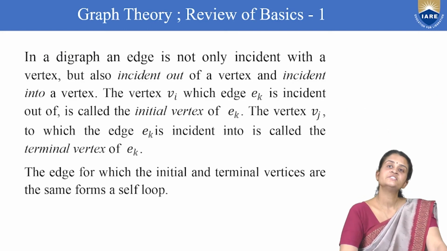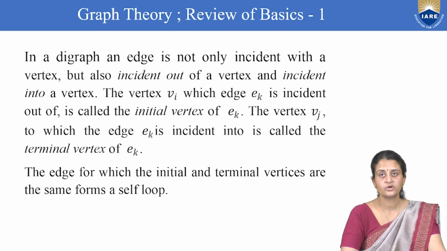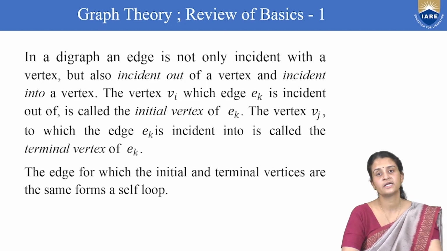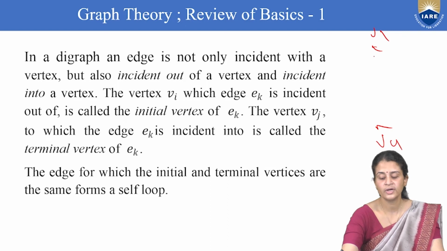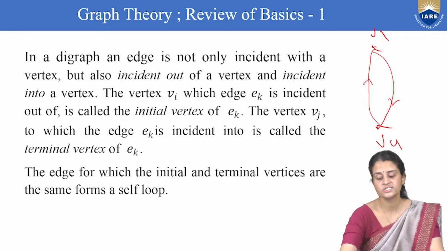In a digraph, an edge is not only incident with a vertex but also incident out of a vertex and incident into a vertex, because in our drawing we have seen V1 and V4. Regarding V1 and V4, there were two edges, V1, V4 and V4, V1. This edge is incident out of the vertex V1 and this edge is incident into the vertex V1. Similarly, this edge is incident into the vertex V4 and this edge is incident out of V4.